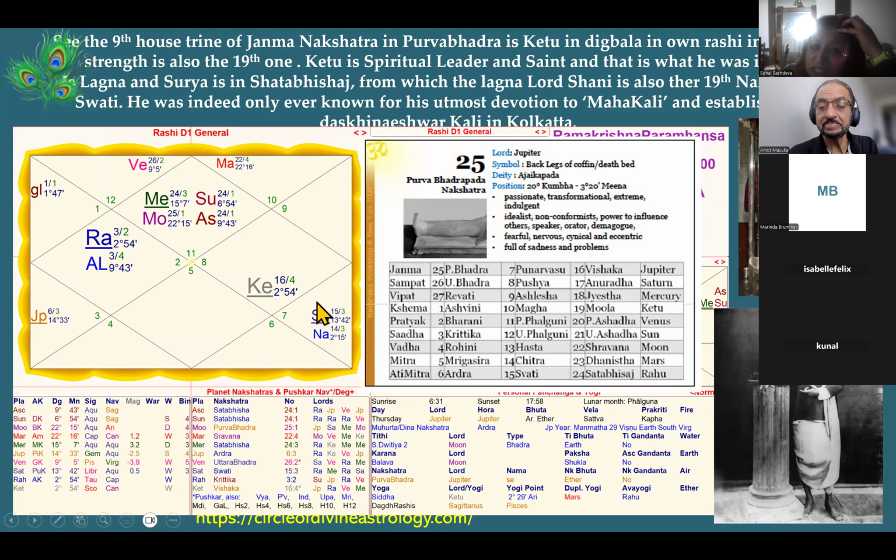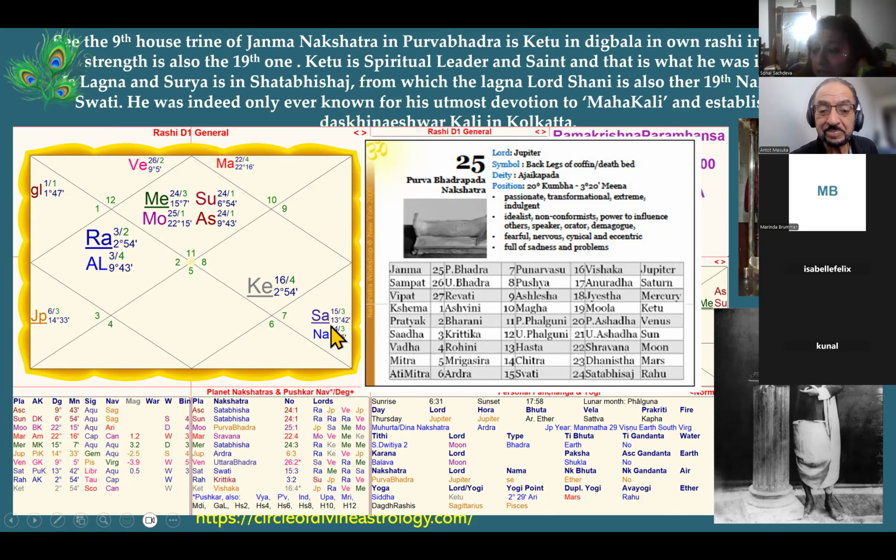But because it's a Jupiter nakshatra, Purva Bhadra, the whole row is Jupiter, Punarvasu and Vishakha, the rulership of all three Jupiter nakshatras is Khandita.